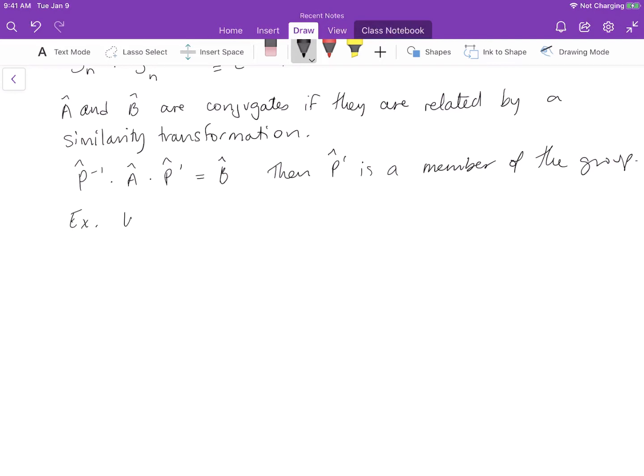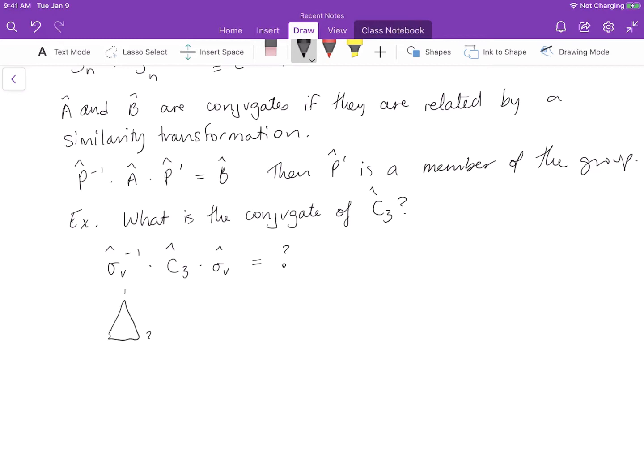So if we look at an example, what is the conjugate of C3? So if we have sigma v to the minus 1, C3, sigma v, we're going to find out what that equals.